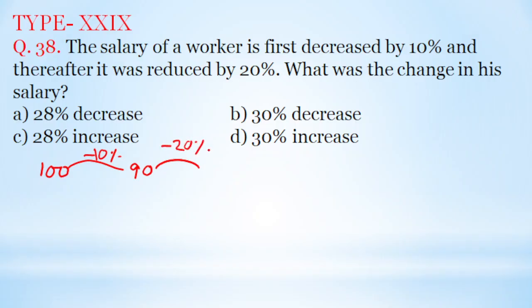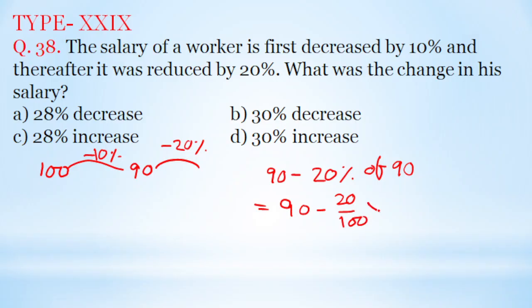That means 90 minus 20% of 90. So that is equal to 90 minus 20 by 100 into 90. So here this 0 cancels this 0 and this 0 cancels this 0.